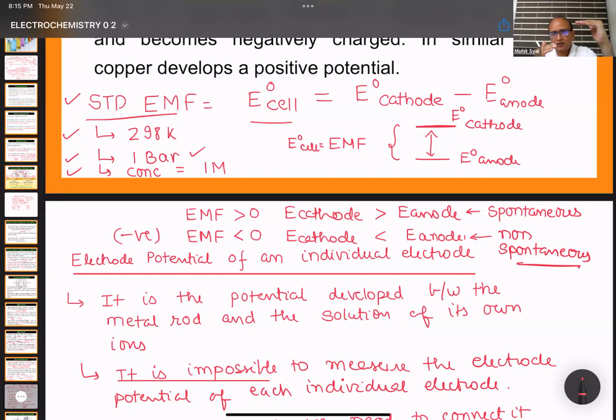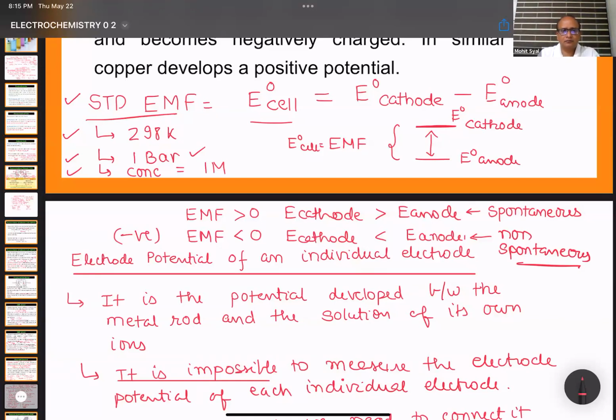And two electrodes will affect each other's tendency to give and take electrons. Our problem is that we want to get the absolute value of the electrode potential of a single electrode, like cathode, anode. If we get this value and this value, we will take the difference and we can find out the EMF of the cell.